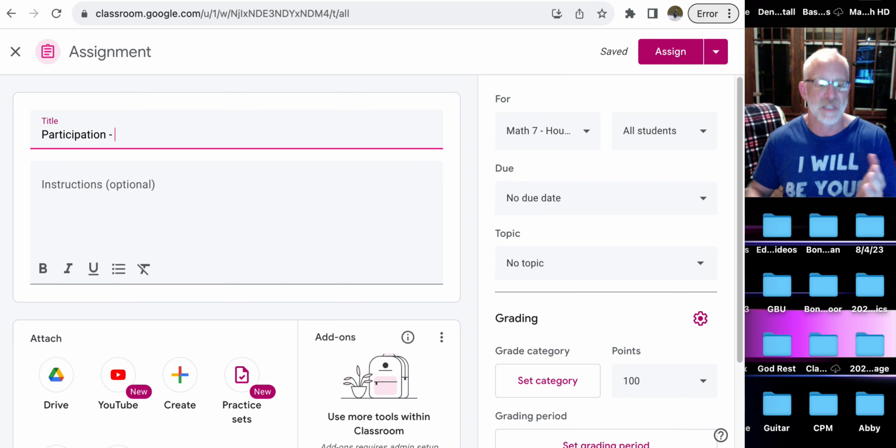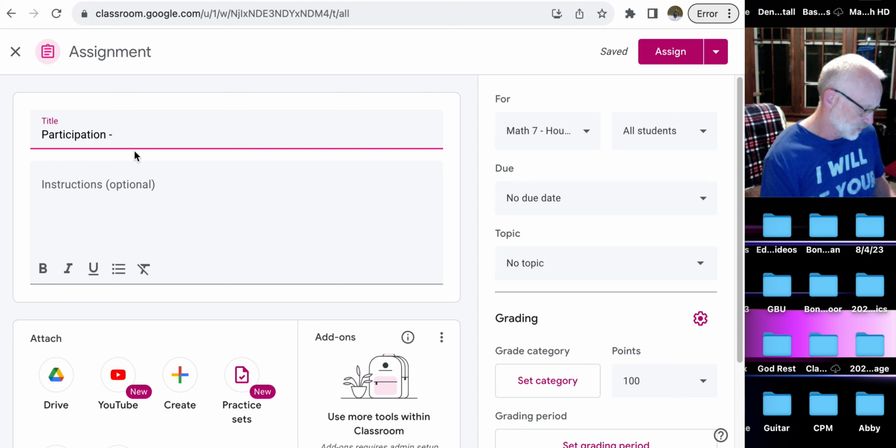Okay, so we have two different places to look for grades. If you want to see what your standards-based grades are, where your formative tests and your summative tests are located, Infinite Campus. If you want to find out where your homework is located, your homework grade, and your participation grade is located, that's going to be on Google Classroom.